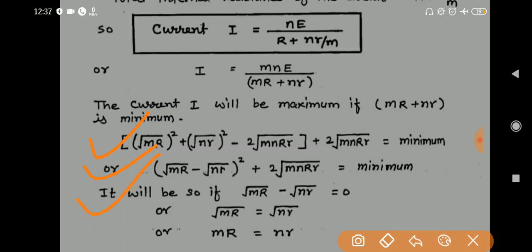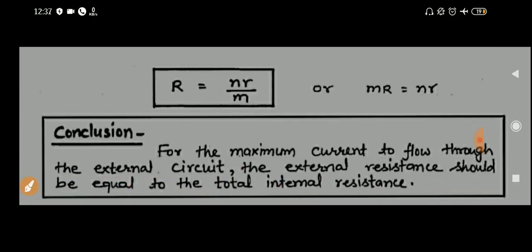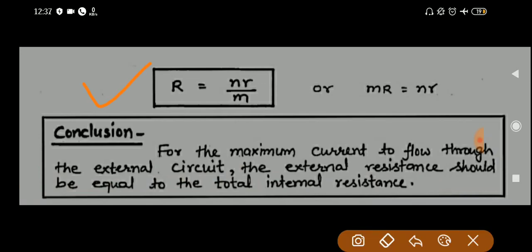It will be so if under root mR minus under root nr is equal to 0. Now we get under root mR is equal to under root nr, or mR is equal to nr, and we get resistance R is equal to nr upon m.